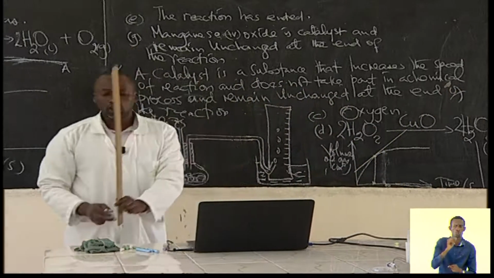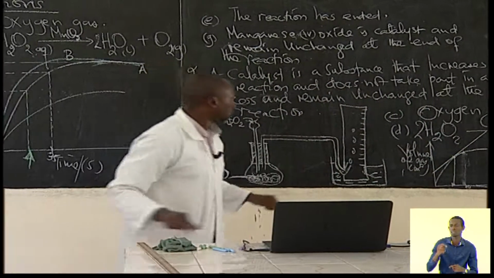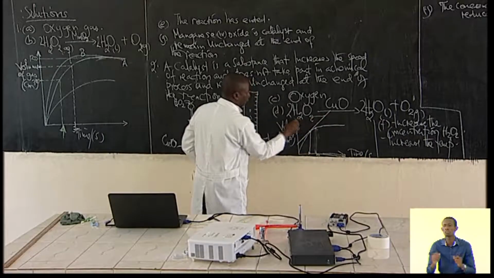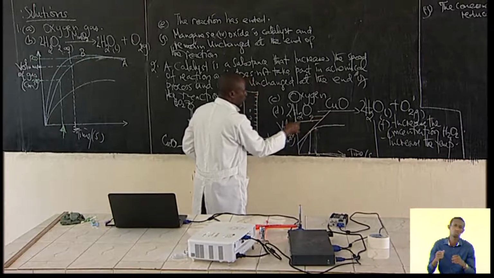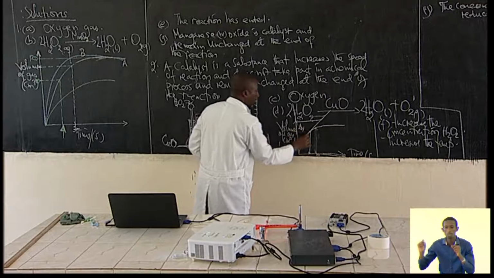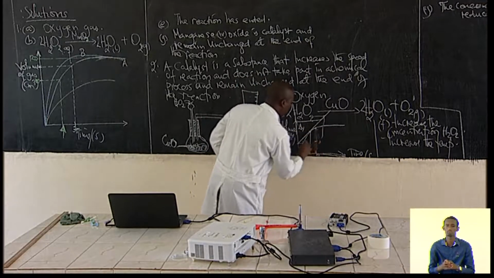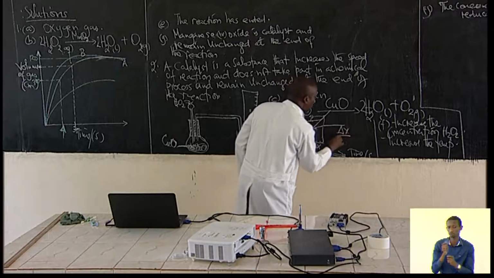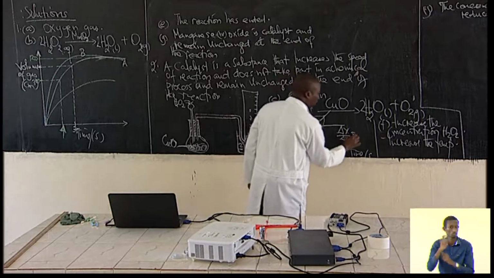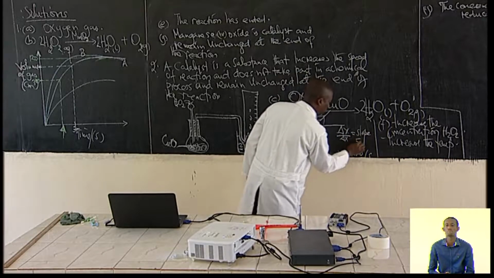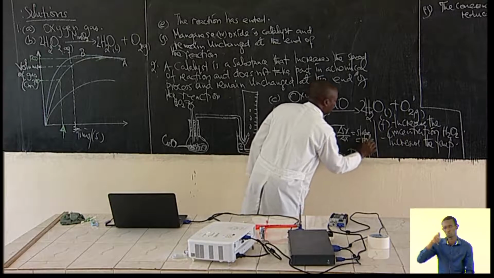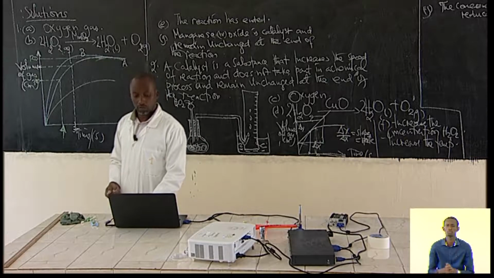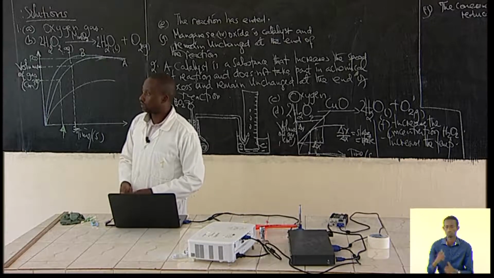For that tangent line, you find the gradient: change in y over change in x, which equals the slope, which equals the rate. Make sure you have the proper graph, which will give you the correct values.